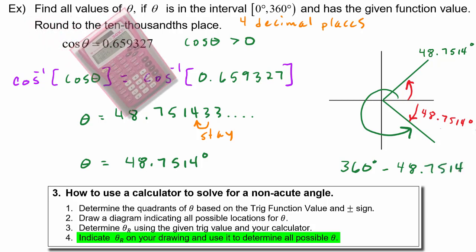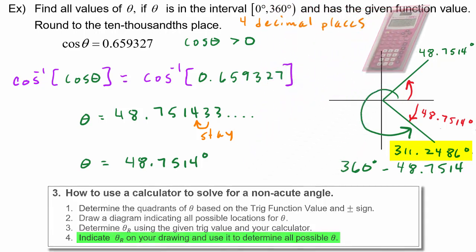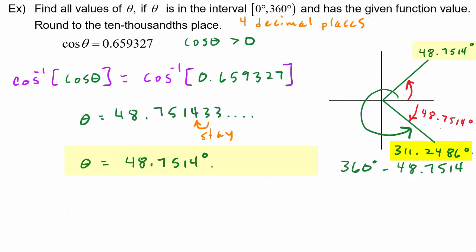And if we do that on our calculators, we've got 360 minus 48.7514. We see that that works out to be 311.2486 degrees, and that's our second possible answer for this problem.